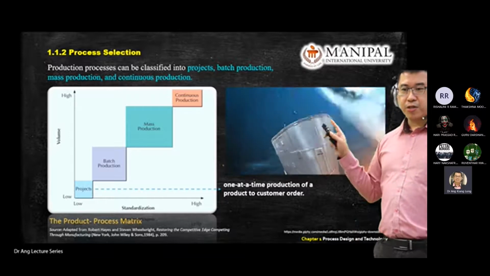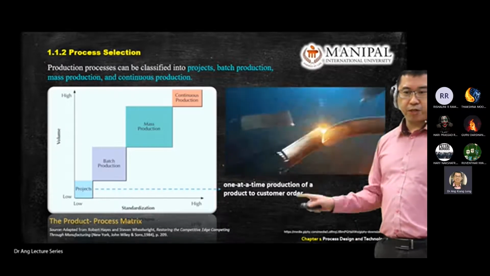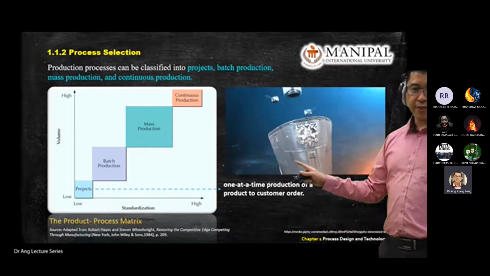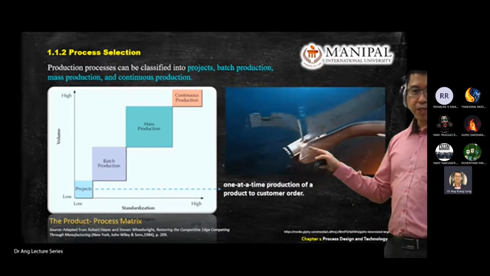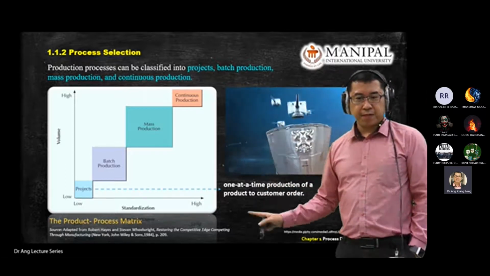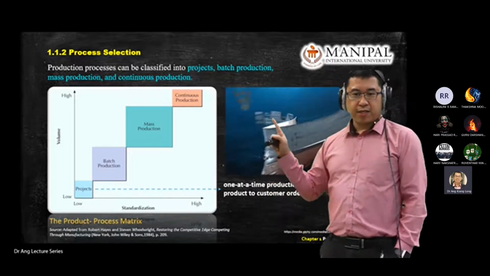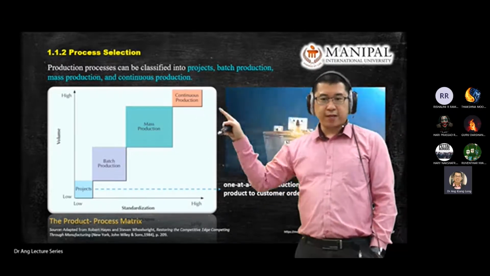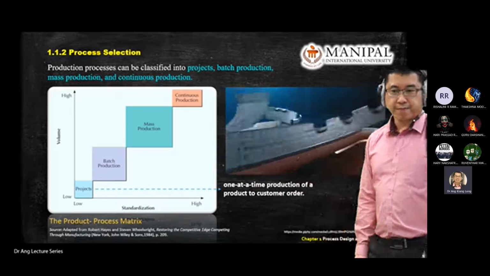Another commercial example is building a ship, or a submarine, or an aircraft. You can only build one ship at a time. Consider this ship building production process as falling under the projects definition.